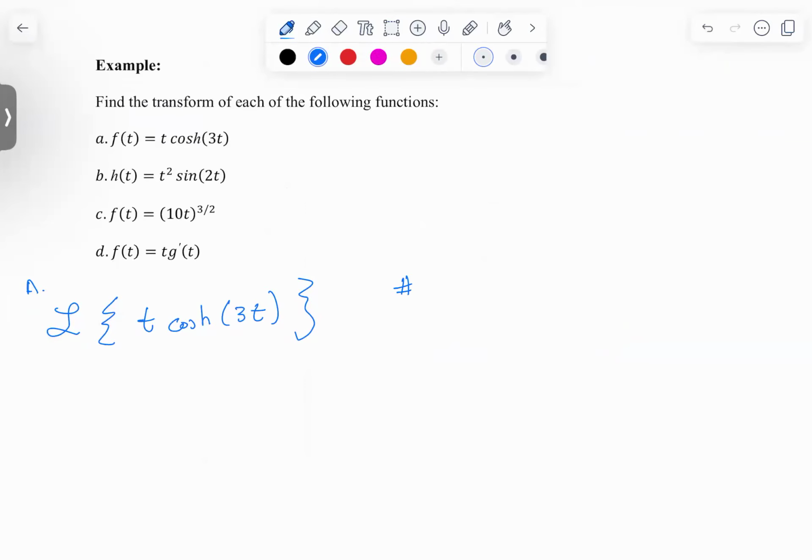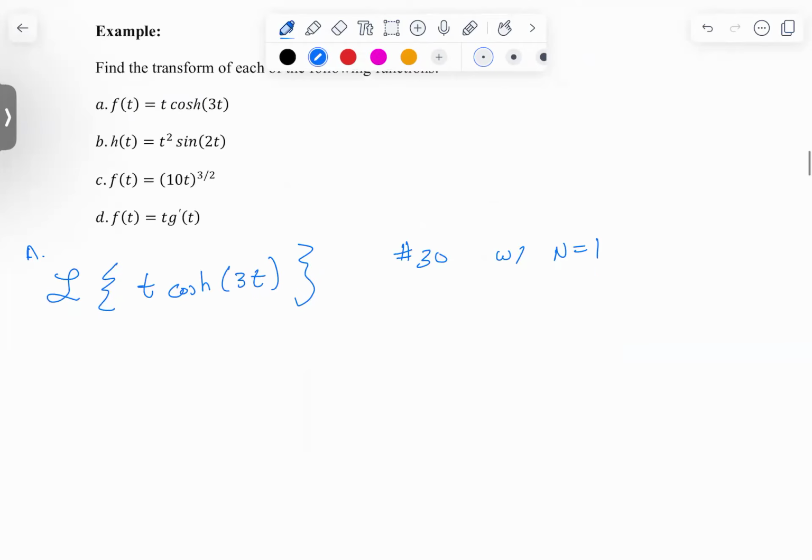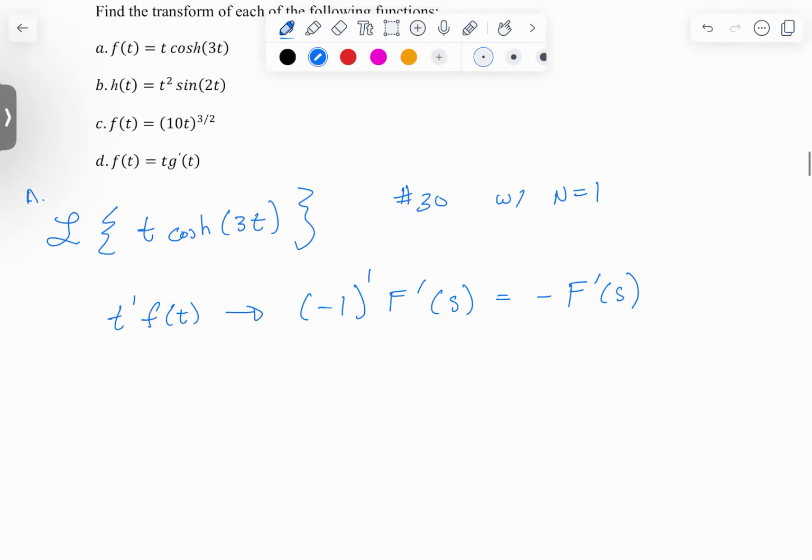So we need to use number 30 with n equals 1, because it's just the first power of t. Now, the good news is that t to the first power times f of t transforms to -1 to the first power times the first derivative of F of s, which means that we just need to do negative the first derivative of the transform of the function.